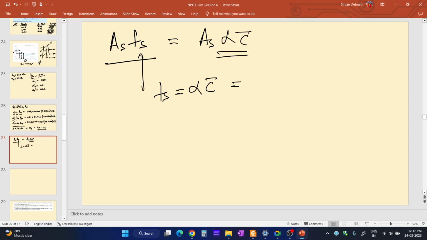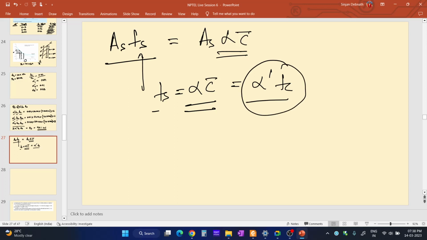So the value of frictional resistance that you get from the cone penetration test, that is FC, can be written like this: alpha dash FC. Similar to what we have done over here, alpha into C dash is similar to alpha dash into FC, which is actually FS.